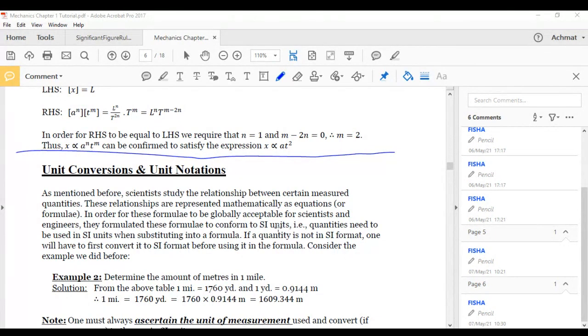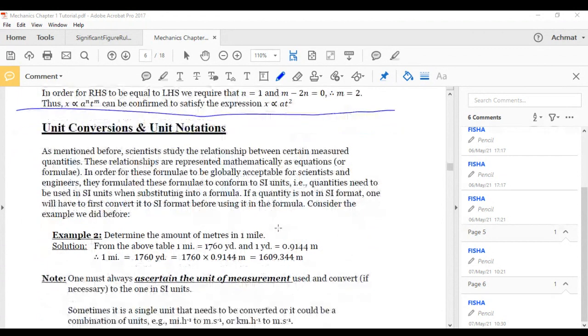And for us to be able to do that, as we showed earlier also, I think we did this example before, we need to know what the conversion factor would be. So in this case here, we know 1 mile will be so many yards and 1 yard will be so many meters.